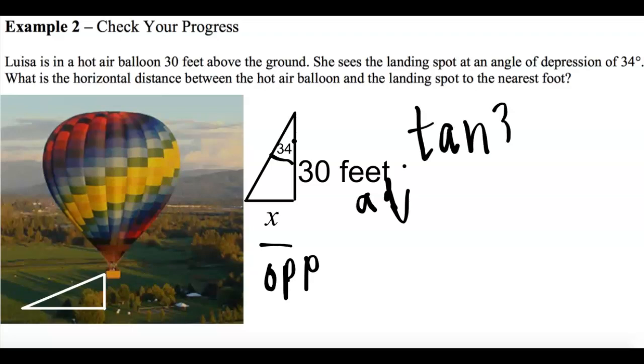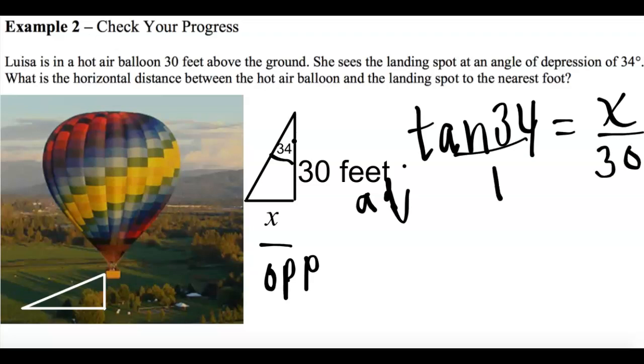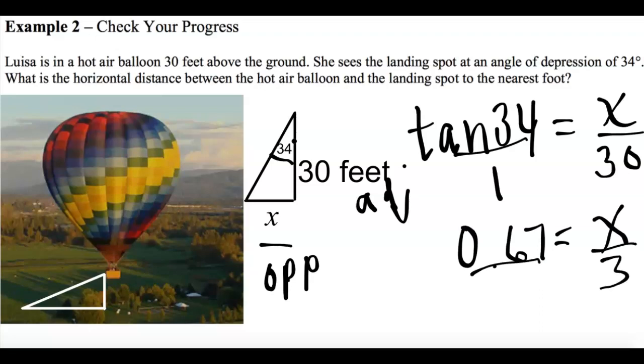So tangent of 34 degrees is going to equal opposite, which is x, over adjacent, which is 30. This is just a one-step equation. Tangent of 34 degrees, which is 0.67, is equal to x over 30. When you cross multiply and solve, you get that x is approximately 20 feet.